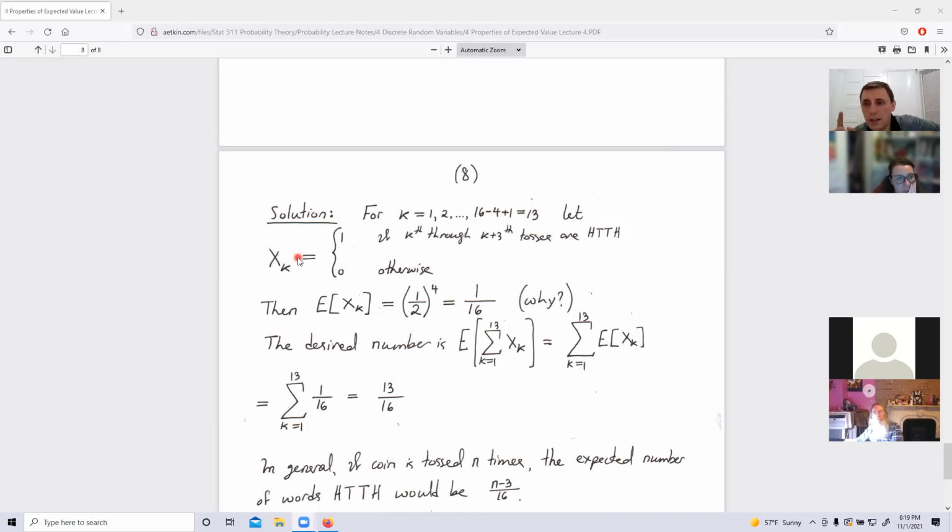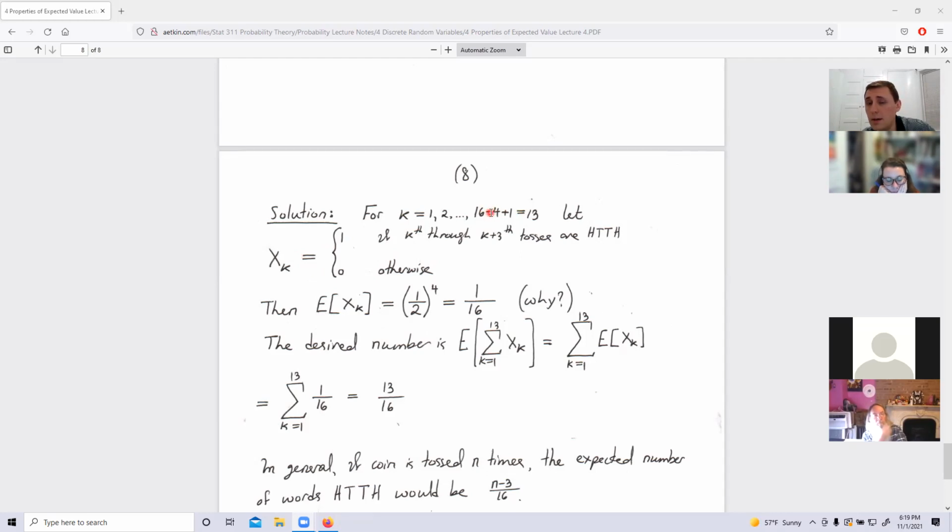So what we can define are variables. The first variable reads the first 4 letters. The next variable reads 4 letters starting from position 2 all the way to position 5, and so on and so forth. So how many variables can I define?